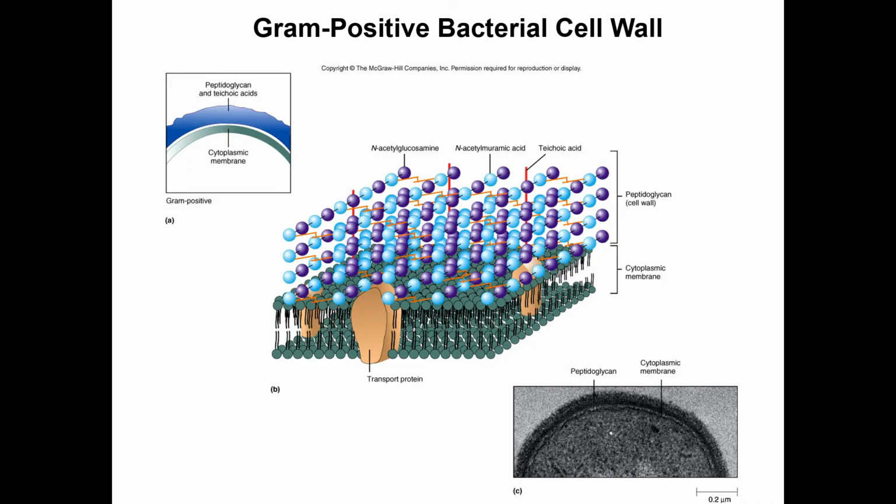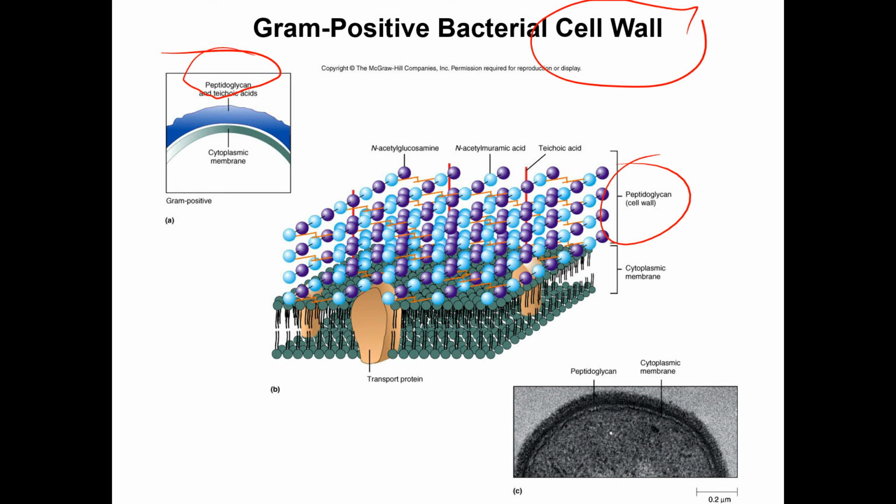Now, one important distinction is that bacterial cells have a cell wall, and the cell wall of bacterial cells is made up of peptidoglycan. Just like in plants, the cell wall of plants is made up of what? Cellulose.